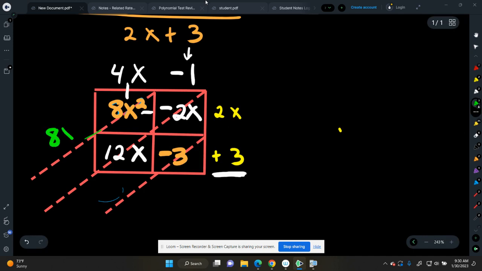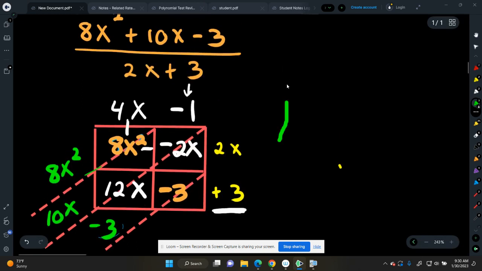On this diagonal, I have negative 2x plus 12x, which equals 10x. And on the last diagonal, all I have is a negative 3. Is that what I'm supposed to have? 8x squared plus 10x minus 3. And sure enough, that works. So that means this quotient is 4x minus 1.